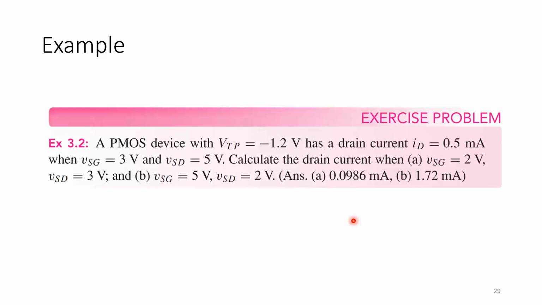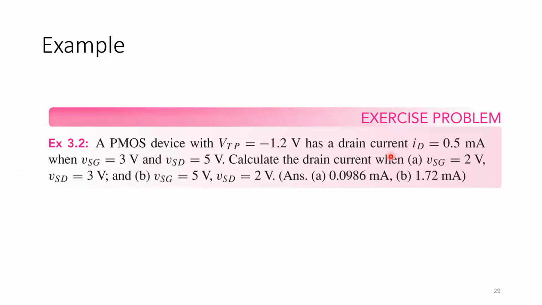This is also the same thing, but this is a PMOS device. This gives you a threshold voltage VTP. It gives a drain current with VSG and VSD. Again, it does not give you Kp, so you can find Kp from here.